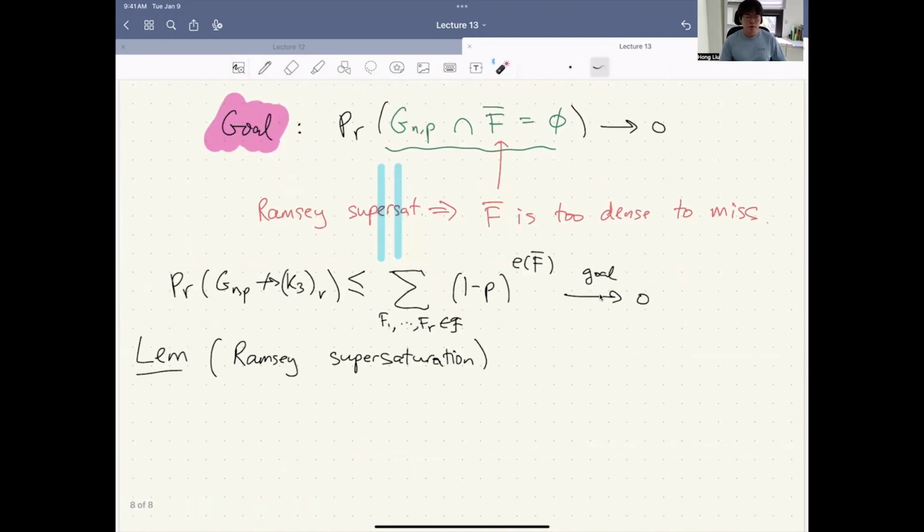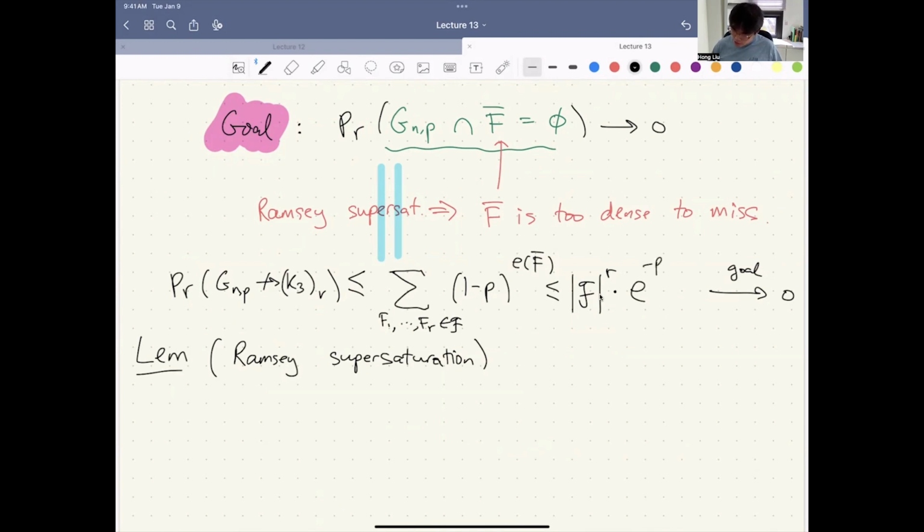So now the problem is, let me simplify this one more step. This is at most the number of choices for F1 to Fr, which is at most the cardinality of F to the power R, a simple union upper bound, times, well, this is always true, (1 minus p) to the e of f bar is at most e to the negative p times e of f bar.